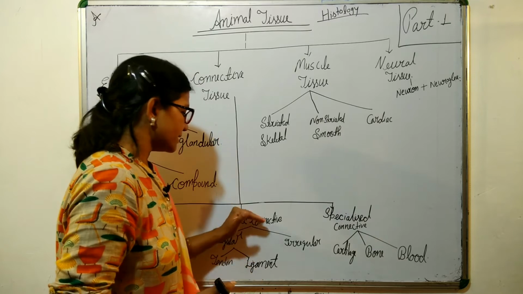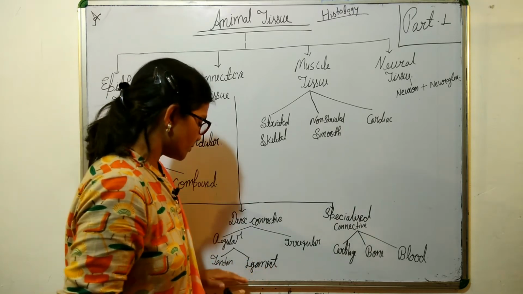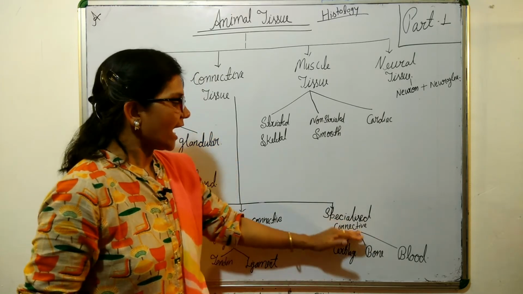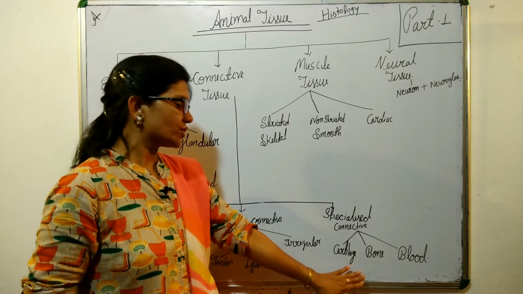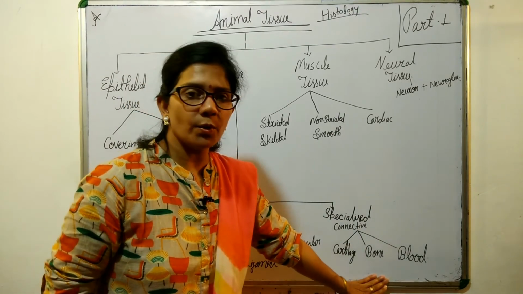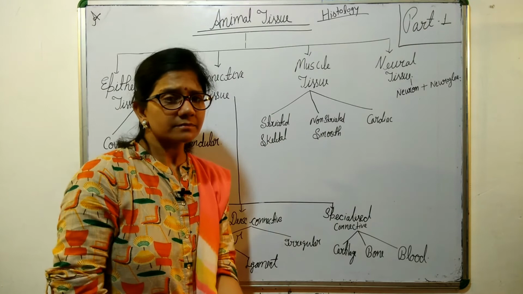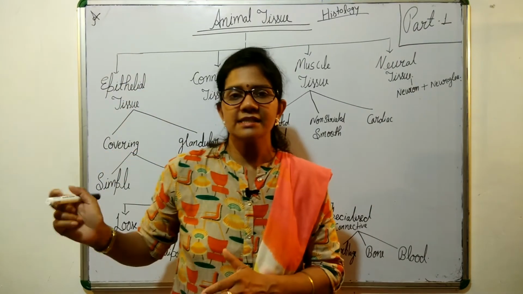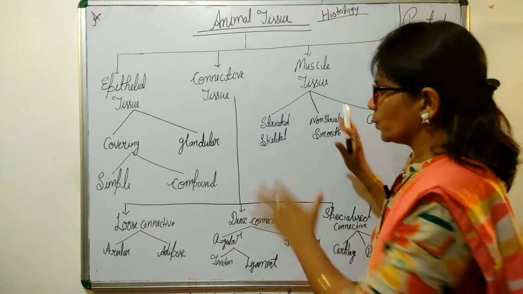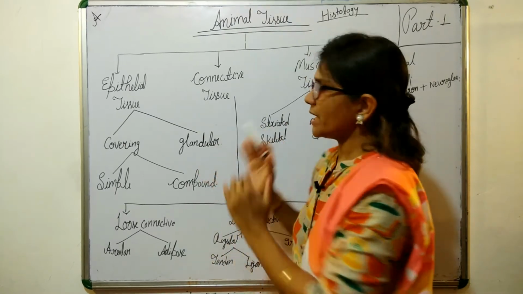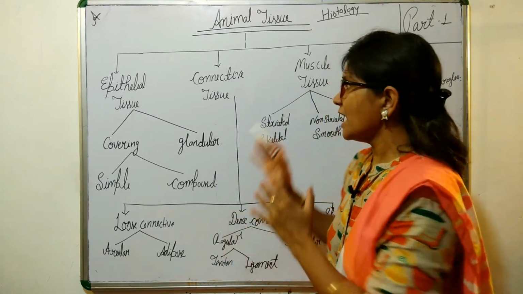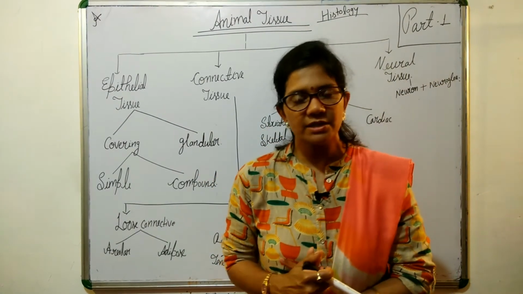The regular dense connective tissues are tendon and ligament. The specialized connective tissues are cartilage, bone and blood. So this was the simple framework which makes our study of animal tissue easy.